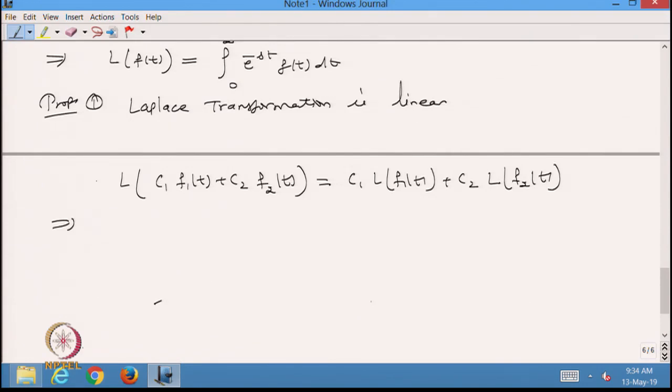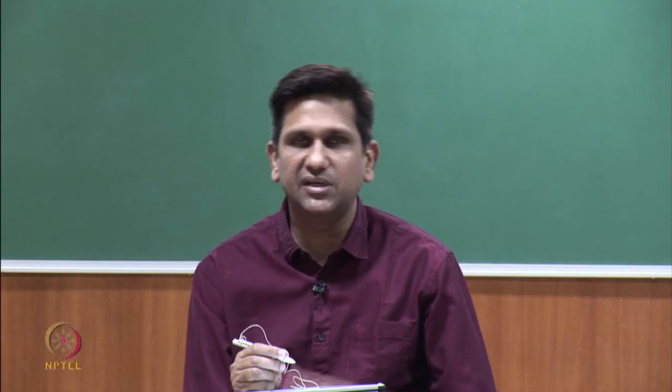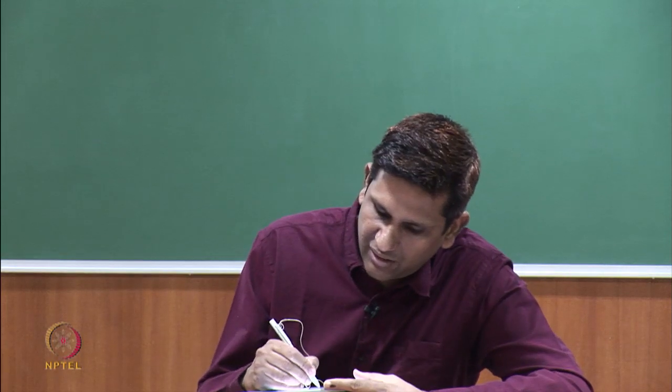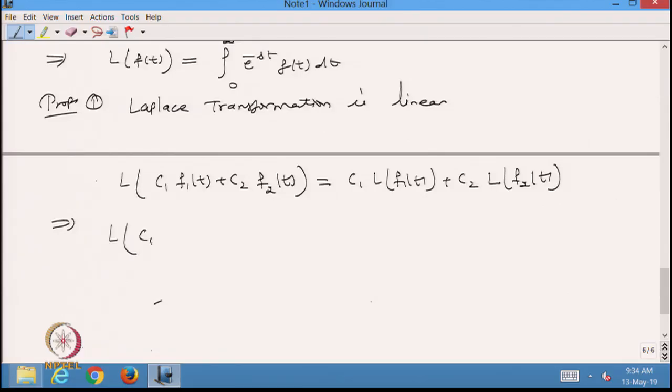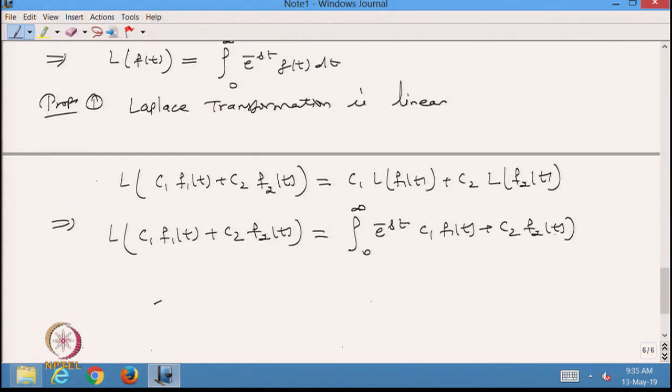And now you know that in the Laplace transformation we are dealing with the integration, and the integration itself is a linear transformation. So, from here if I just want to find out the Laplace transformation of this linear combination of two functions where C1 and C2 are constants, this will become the integral from 0 to infinity of e raised to power minus st times C1 f1(t) plus C2 f2(t) dt.